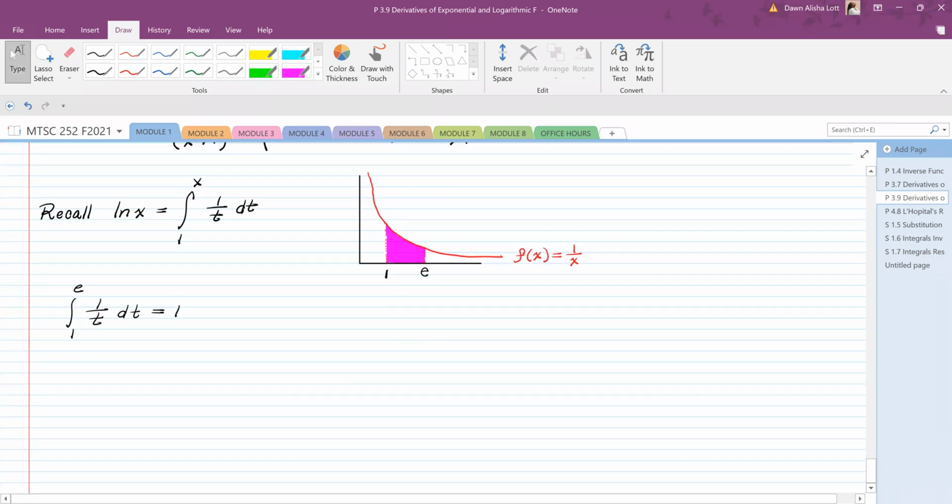So the question is, well, what in the world is e? So e has been determined to be 2.718281828459045, and it keeps on going.